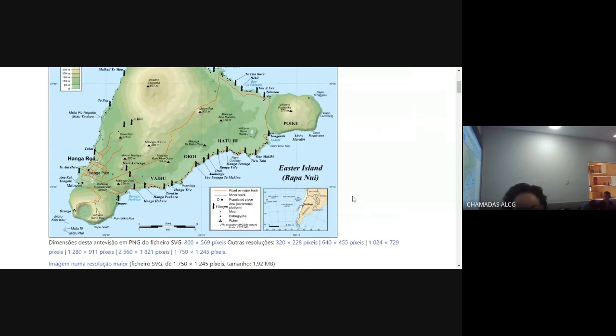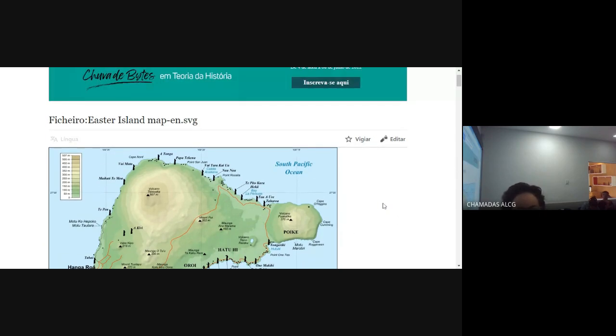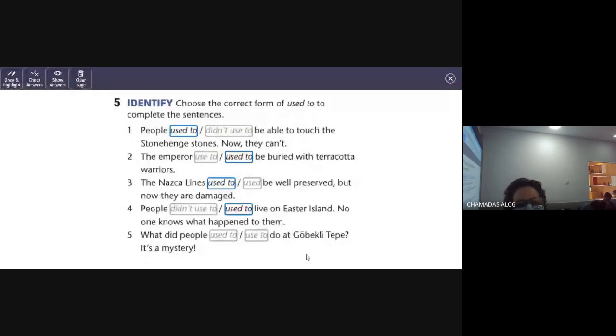Now, I would have to find out which country this amazing island belongs to. I don't know if it's a country in South America, really. I have to investigate. I'm not sure. This is one of the most amazing discoveries.